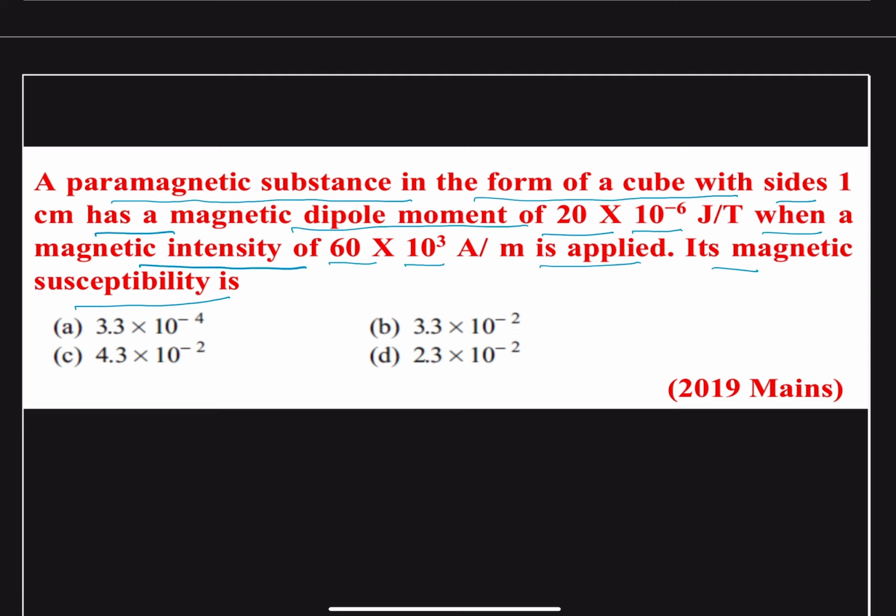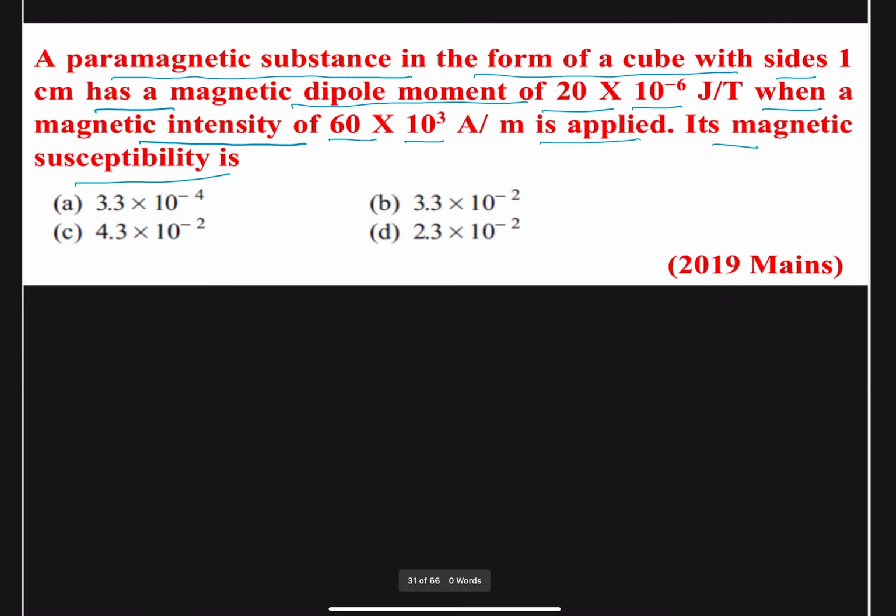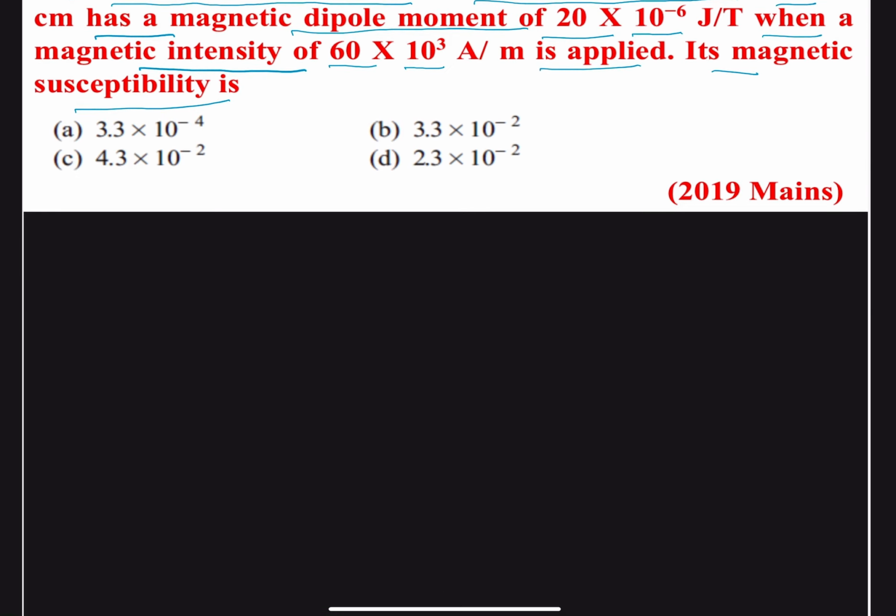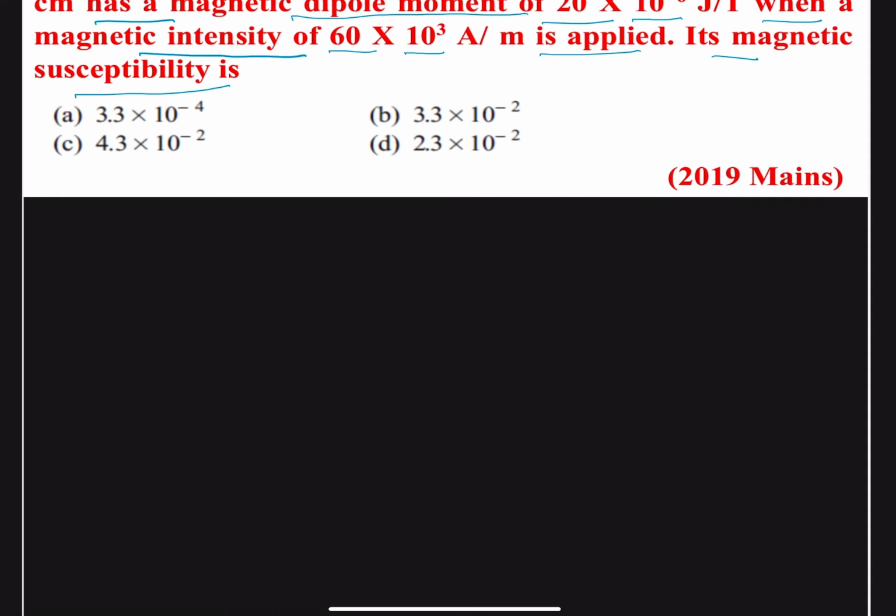So first of all we are going to find out its intensity of magnetization. Magnetic moment is given, magnetic intensity is given.